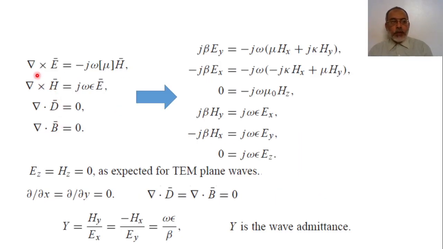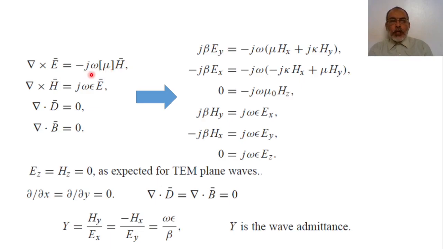So in this case, according to Maxwell's equations and according to the definition of the permeability mu, we can find out the x component here is minus the derivative of Ey with respect to z. Minus the derivative with respect to z means minus j beta, so it is j beta Ey in the x direction, which would equal the x component here.